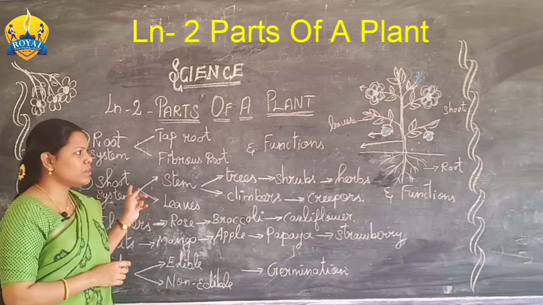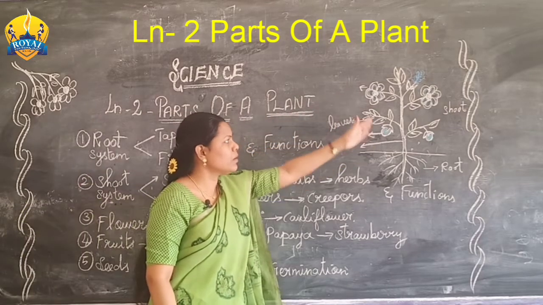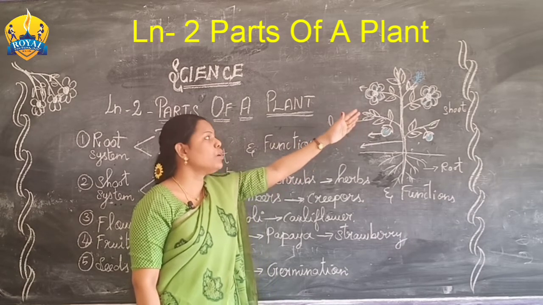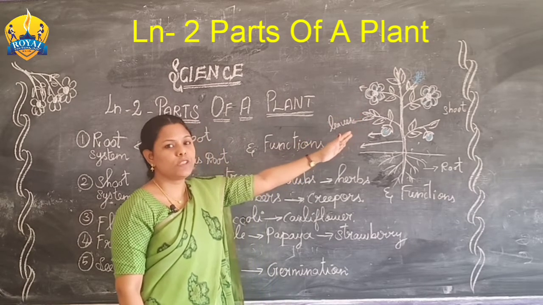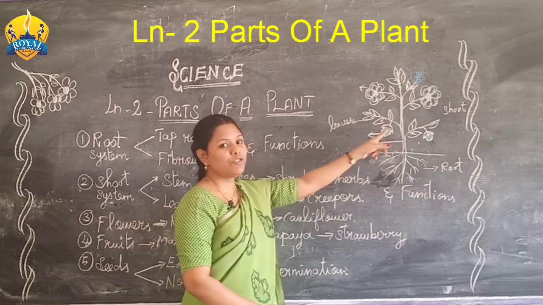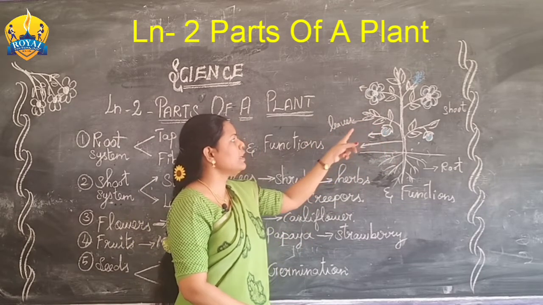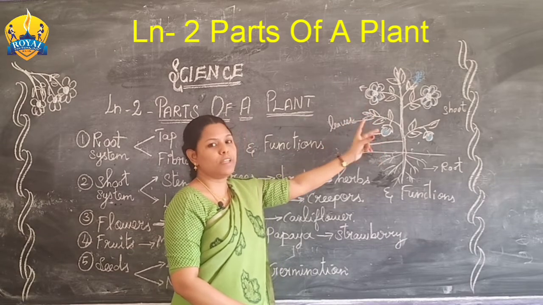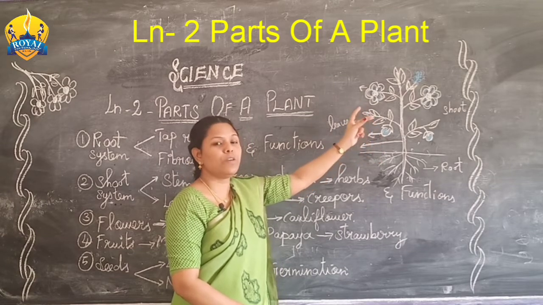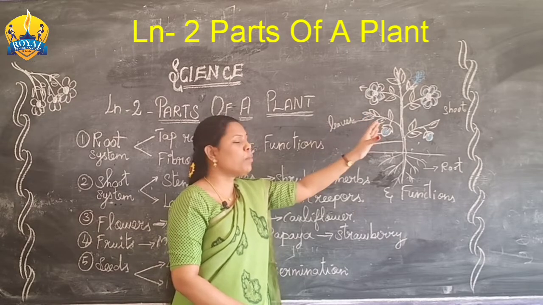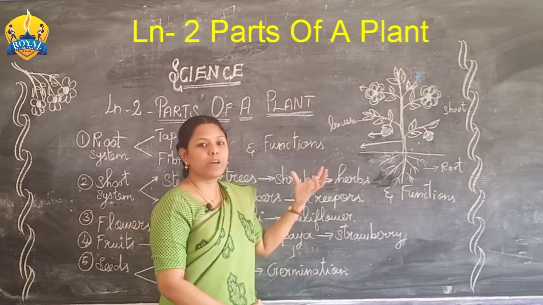The parts which grow above the ground are called the shoot system. The shoot system has a stem, branches, and on those branches leaves, buds, flowers, fruits and also the inflorescence. The stem bears all these parts.